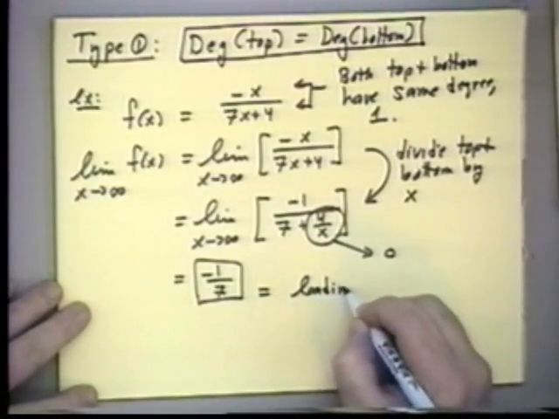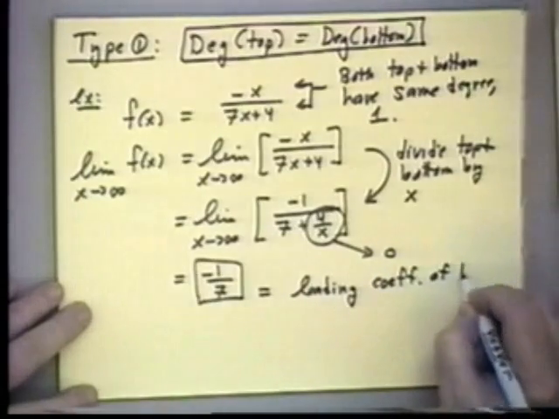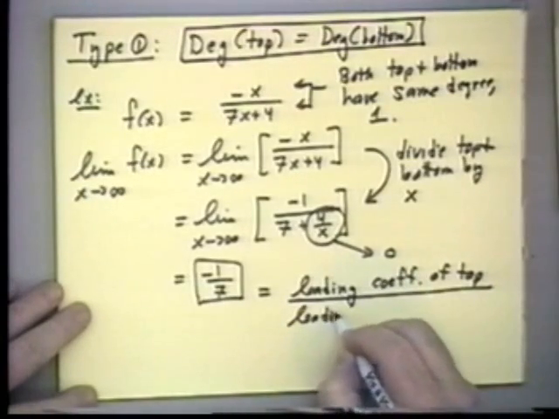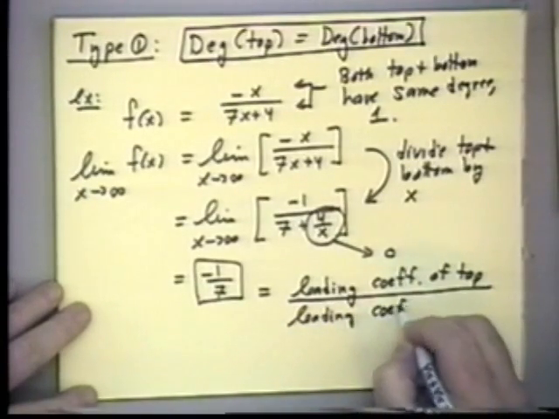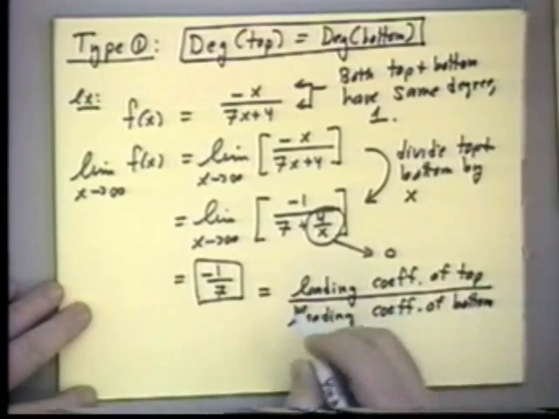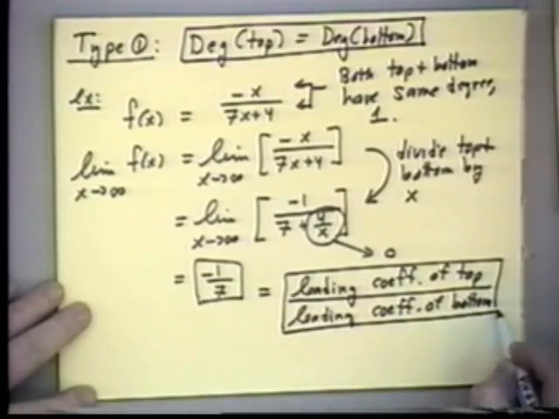And we can say that more specifically by saying the leading coefficient of the top over the leading coefficient of the bottom. And leading coefficient always means the coefficient of the highest power of x. That's what leading means.